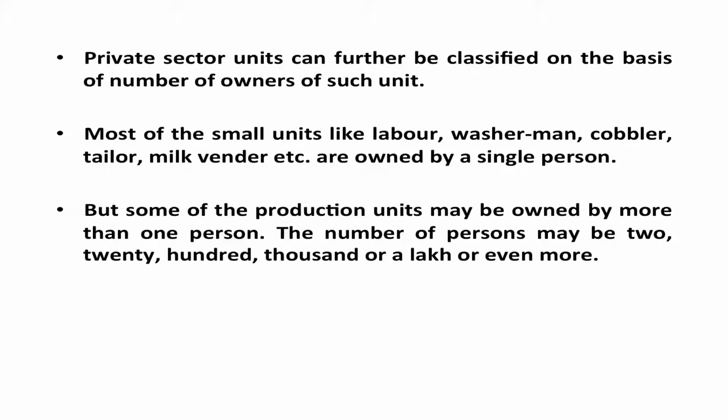Most of the small units like labor, washerman, cobbler, tailor, milk vendor, etc. are owned by a single person, but some of the production units may be owned by more than one person. The number of persons may be 2, 20, 100,000 or a lakh or even more.